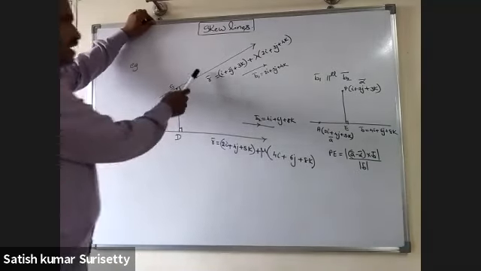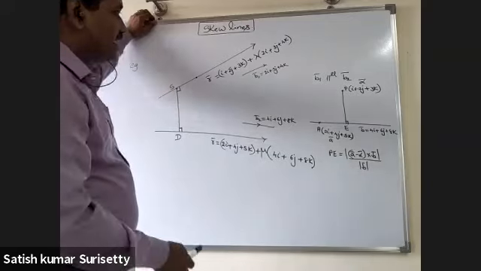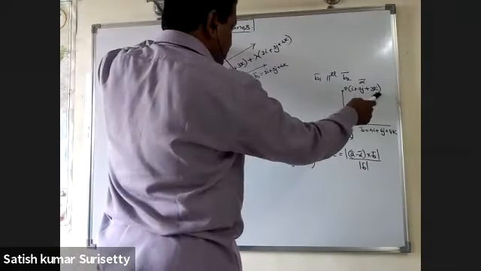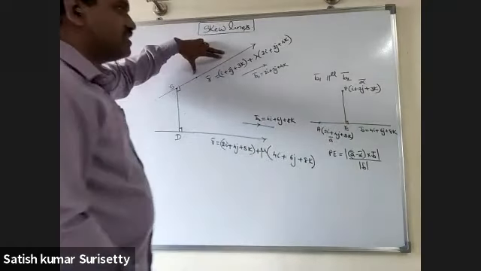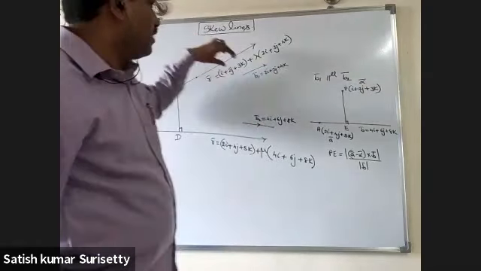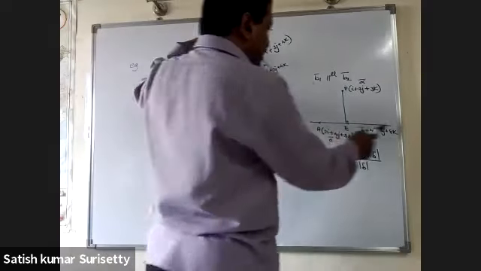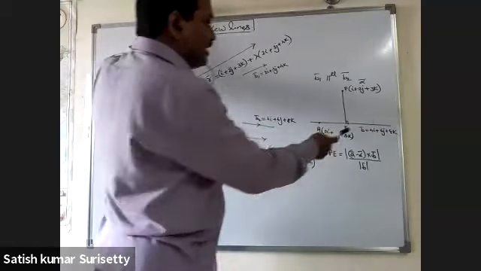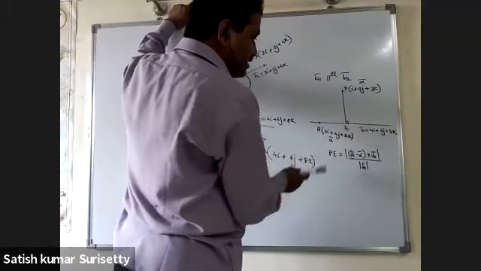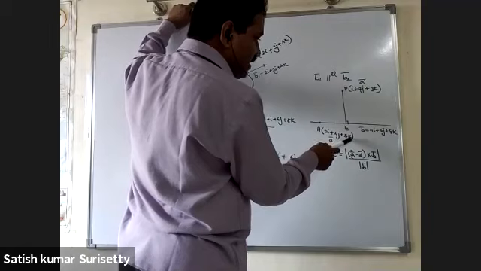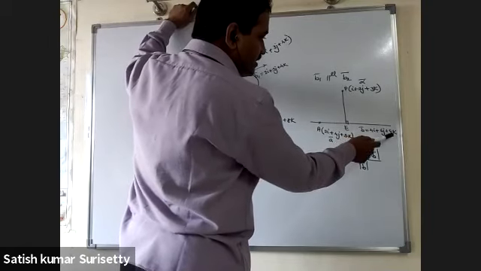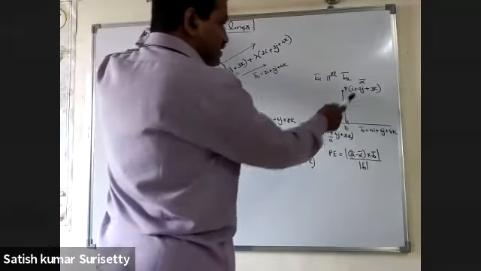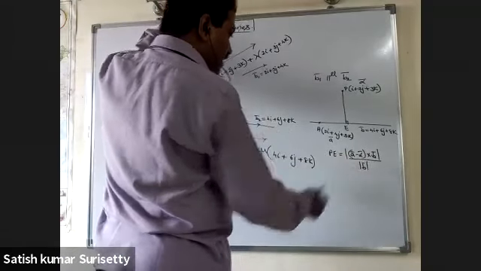So the distance between the parallel lines is the same as taking one specific point on line 1, which I can take as alpha bar, i plus 2j plus 3k, and calculating the perpendicular distance from that point on line 1 to the other line, to which you can apply the formula. If I consider a specific point on line 2 as a bar, 2i plus 4j plus 5k, and b bar as 4i plus 6j plus 8k, then I can apply the perpendicular distance formula: modulus of (a bar minus alpha bar) cross b bar upon modulus of b bar.